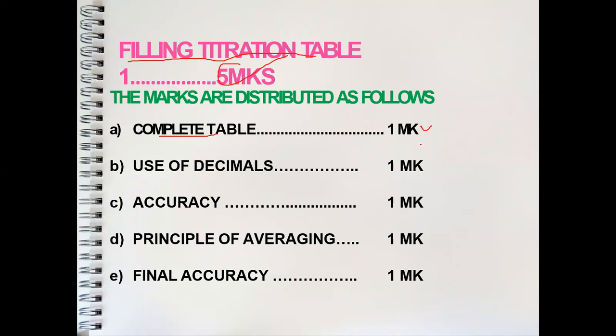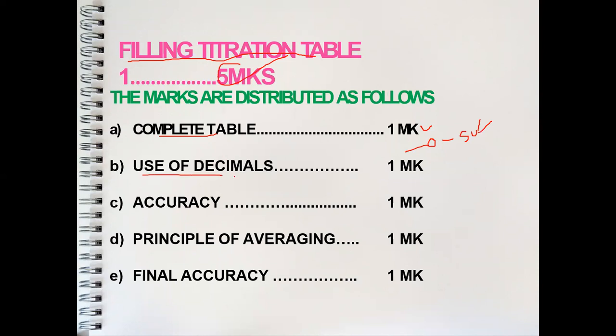The realistic values are the values which range from 0 to 50, because you know that the burette reads from 0 to 50. So any value which is below 0 and above 50 is not a realistic value and you will miss that 1 mark. So you must fill the table with realistic values.